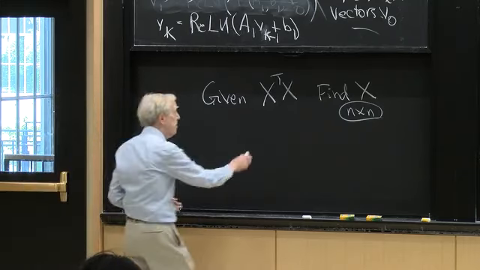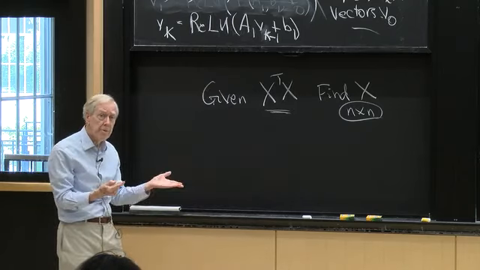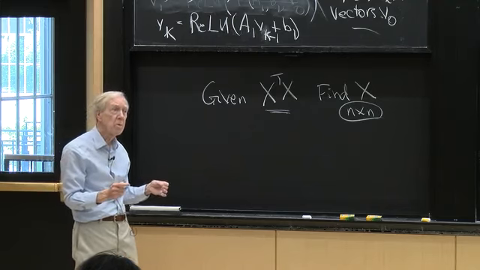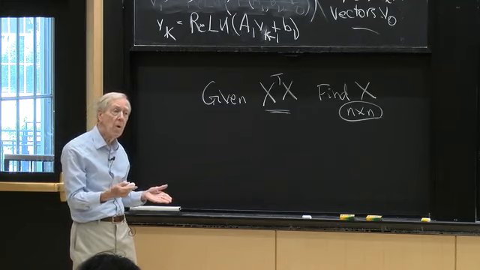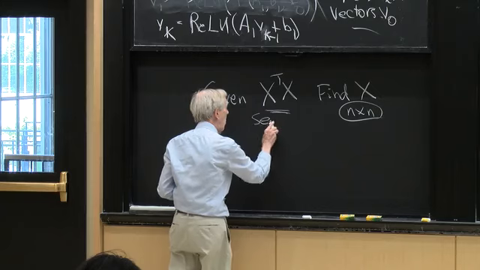What do we know about this matrix? X transpose x? Symmetric, clearly. And what we especially know is that it's also positive semi-definite. So this is semi-definite.